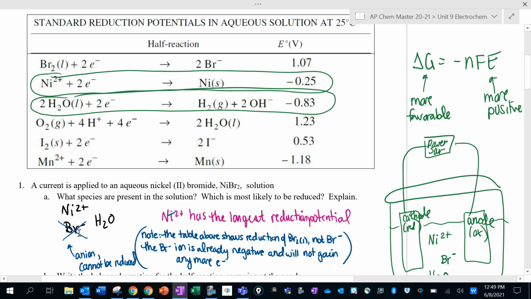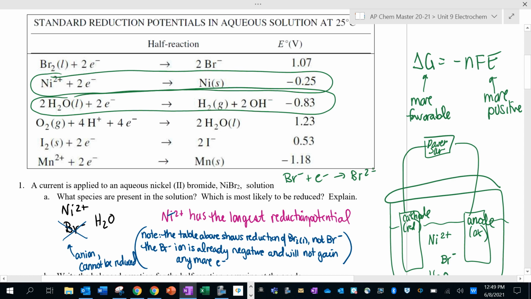If I'm looking for a reaction that shows bromine being reduced, let me rephrase this. There is a reaction showing bromine being reduced, but we don't have liquid bromine in our solution. We don't have any Br2 present. What we have is Br minus ions. If we look through our reactions, we don't see any that have Br minus gaining more electrons.